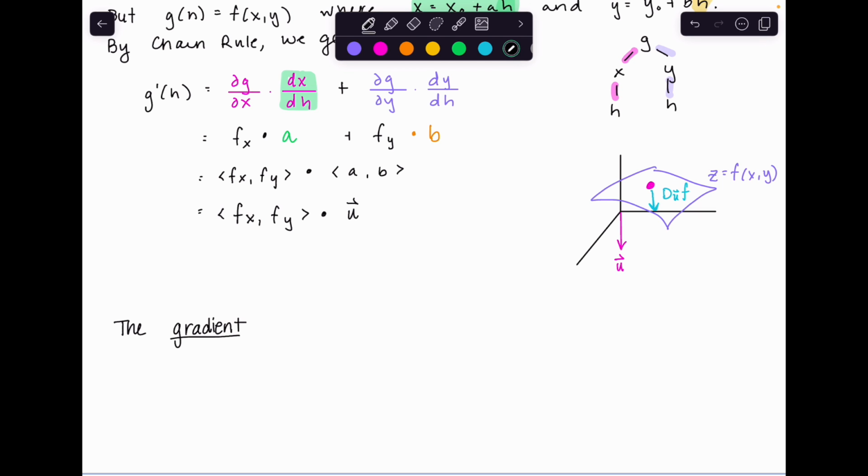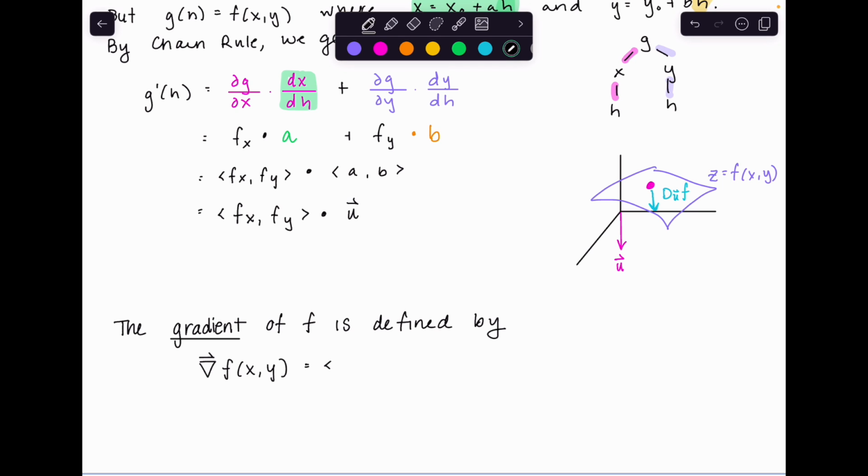So the gradient of f is defined by the following. Okay. We're going to use an upside down triangle with a vector notation over it, acting on the function which has two components, x and y.